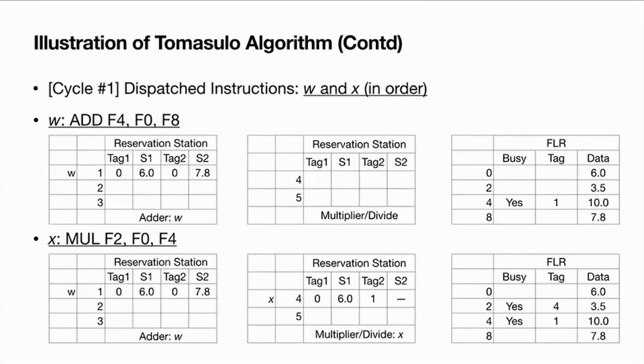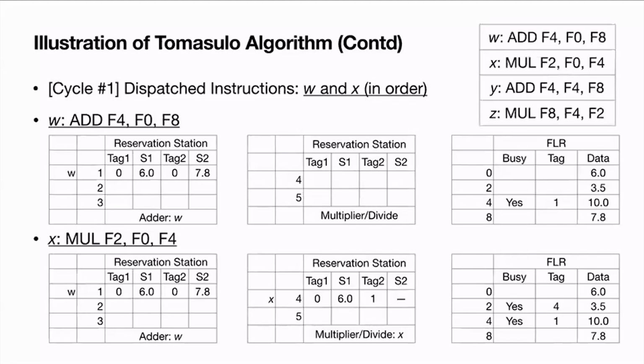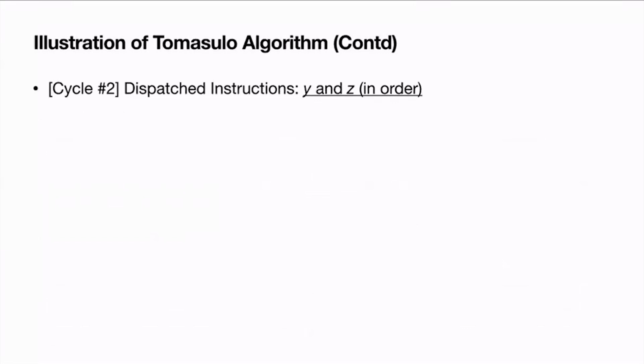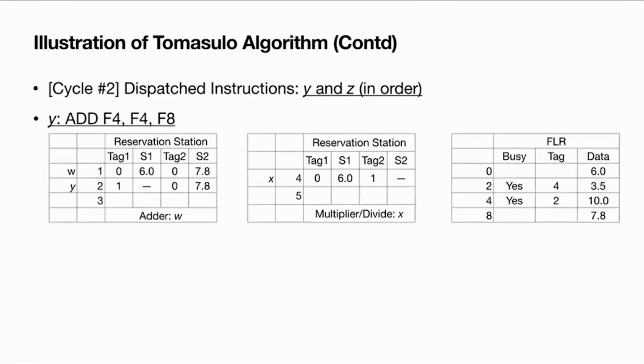Now in the next cycle, cycle 2, again 2 instructions can be issued. So Y and Z we are going to issue in order, and Y corresponds to add F4, F4, F8. Right? Now this is an add instruction, so we are going to use an entry in the adder reservation station, and we take the next free entry.